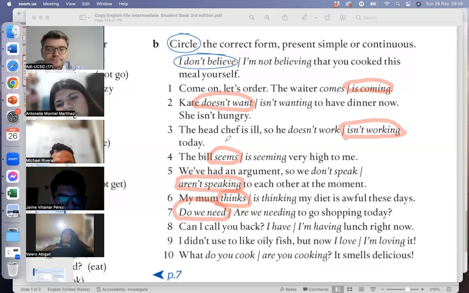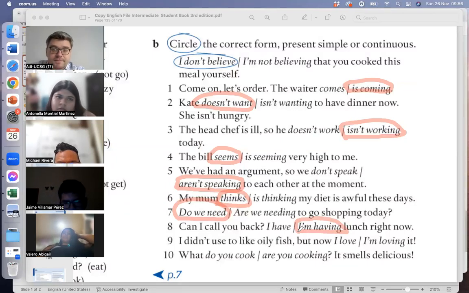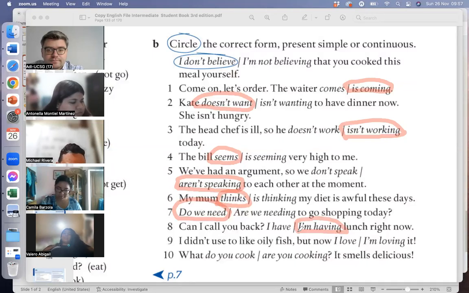I am having lunch right now. Very good. I am having lunch right now, at the moment of speaking. Excellent. Number 9. Full sentence, you know.